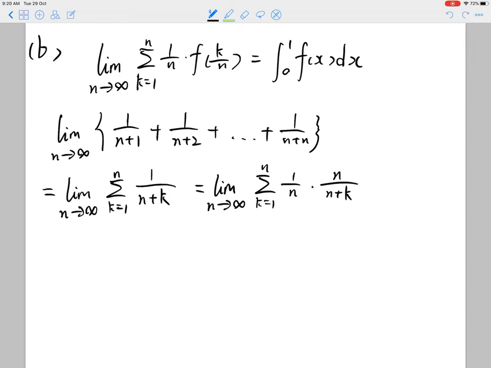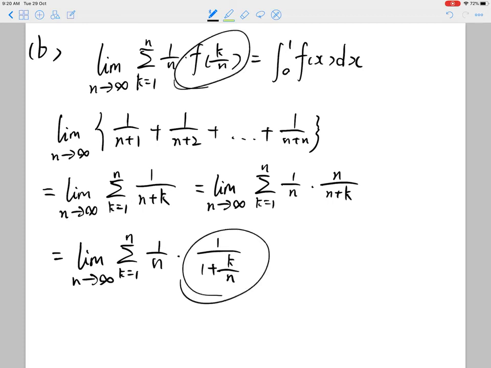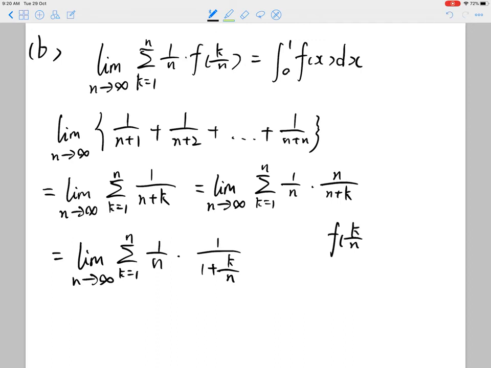Then this part, you have to write it as a function of k over n. To write it as a function of k over n, you divide by n on both sides, so the top is 1, the bottom is 1 plus k over n. So now this part is your f(k/n), which is 1 over 1 plus k over n. Then what is your f(x)?